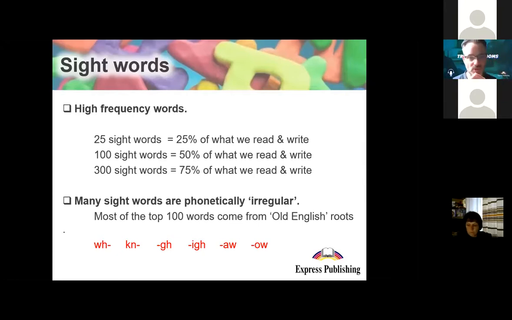The ones we use most commonly in English every day are actually based on older English roots coming from things like Saxon, etc., going back to some Celtic words and so on and so forth, some Norse words. They are still very common in English. They don't necessarily lend themselves to being sounded out. For example, the KN, all of these things there can be very difficult for learners. So if we learn just to recognize certain of these words, then we are going to speed up our reading because we're not trying to sound them out.